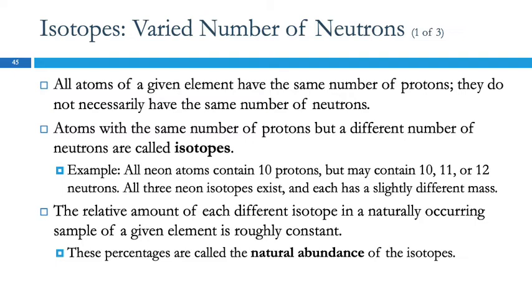The relative amount of each isotope in a naturally occurring sample is actually roughly constant. So no matter where you get your neon from, the amount of atoms containing 10 neutrons to 12 neutrons is about the same. Those are typically expressed in percentages, and so those are called the natural abundance of an isotope.